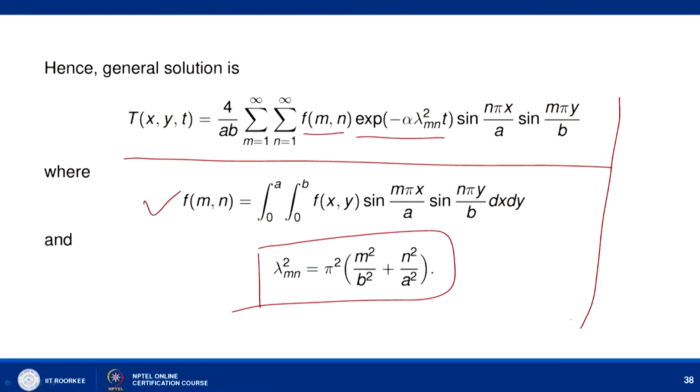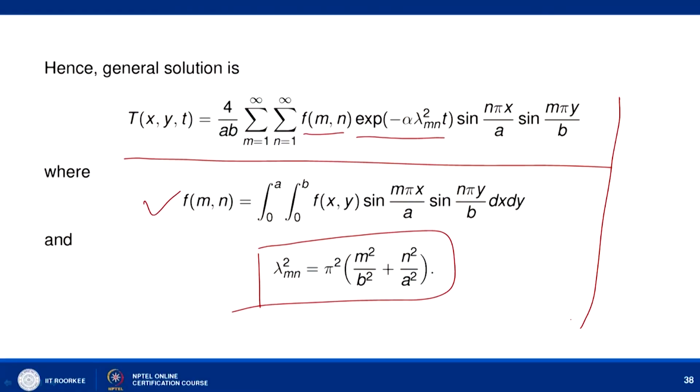So, here we have shown that with the help of the variable separable method, we can solve the heat equation in a rectangular domain, and our solution is given by this representation.